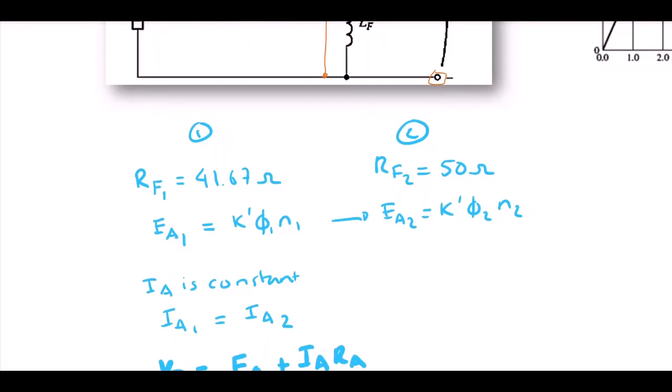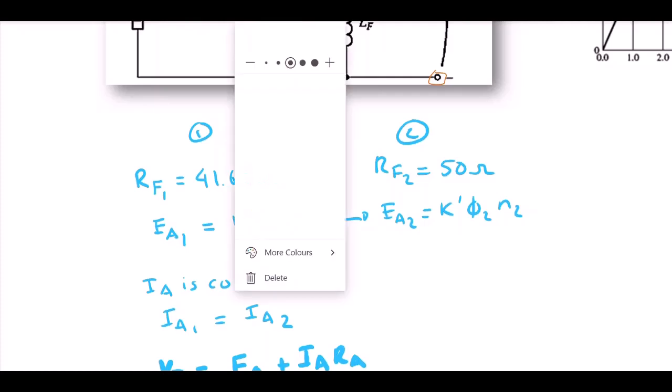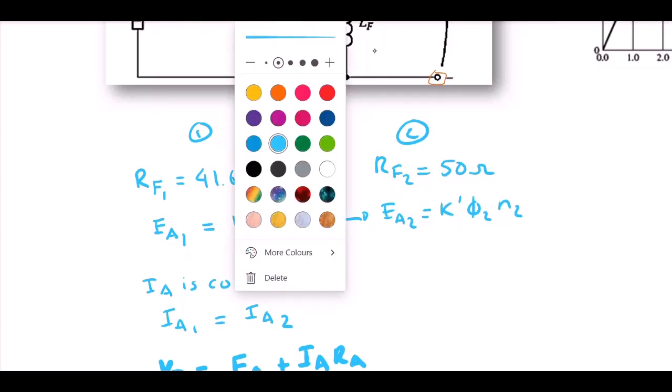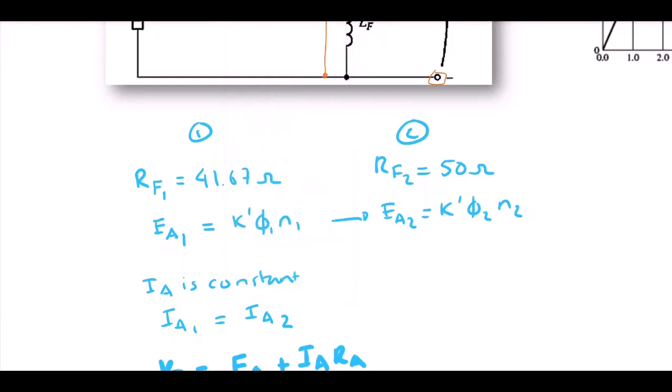Therefore, if we rearrange this, EA is equal to VT minus IA RA. Now if we look at this equation, VT is constant, which is 250 volt, and IA is also constant.